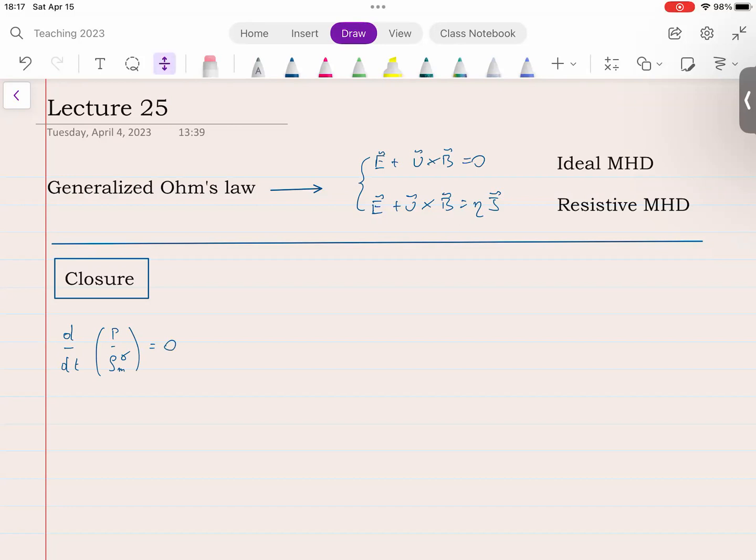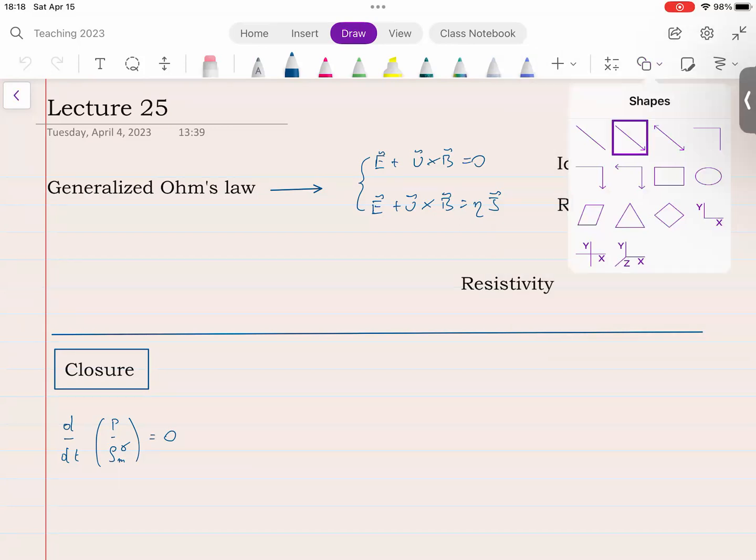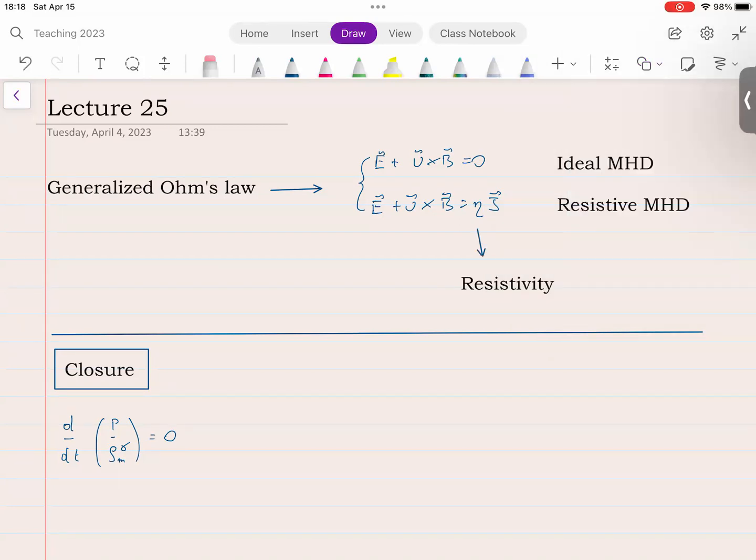So let me make some space here. I did say that out loud, but let me also write it. That eta here is the resistivity, which is the inverse of the conductivity, or 1 over sigma, which is what we had in a previous lecture.